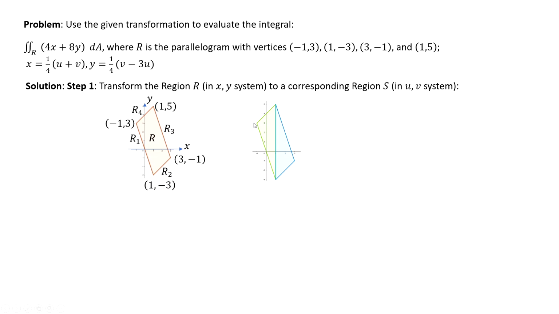That is only true from x equals -1 to x equals 1. But when you go from x equals 1 to x equals 3, now the height of your rectangle is governed by two different curves. Not these two curves, but these two curves. Right? So that is what the problem is.